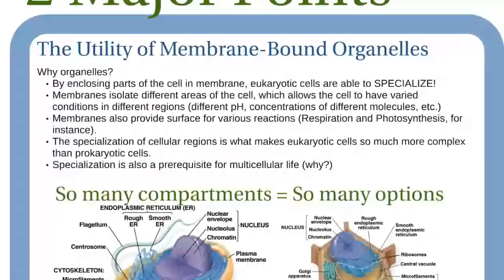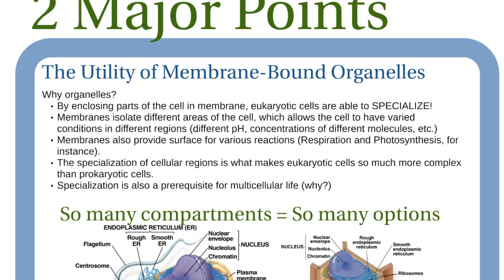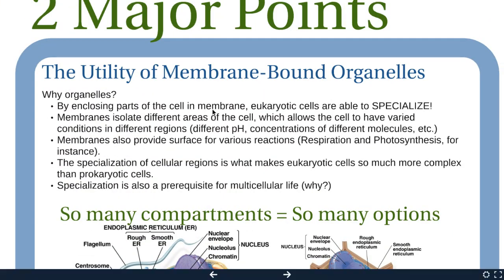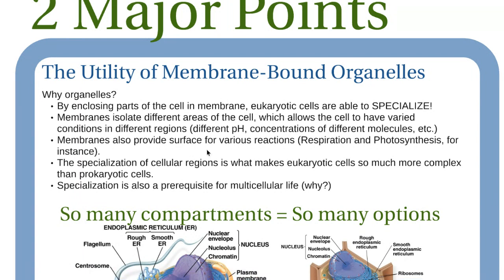So why organelles? By enclosing parts of the cell in membrane, eukaryotic cells are able to specialize. Membranes isolate different areas of the cell, which allows the cell to have different conditions in different regions. And so this is really going to play an effect when you're looking at enzymes. And remember, different proteins have different functions and can only exist at certain conditions.